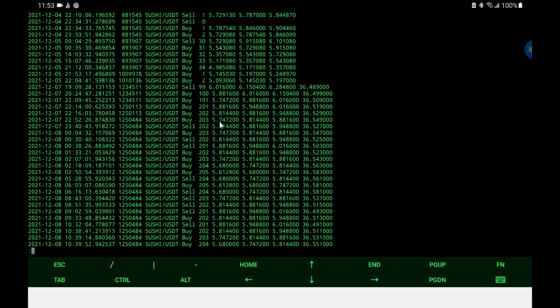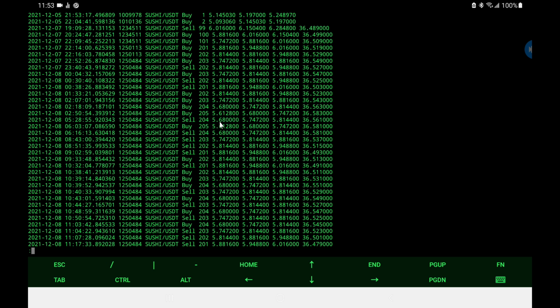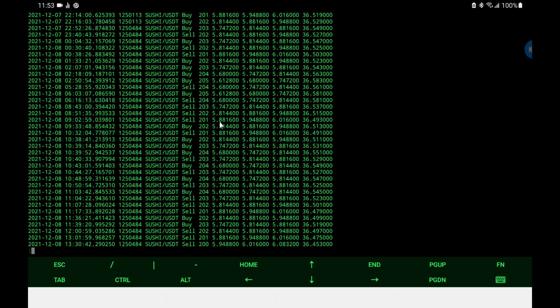But for now, my hand calibration put me at roughly 200 positions underwater, or a depth of 200 based upon the budget I moved over from FTX.